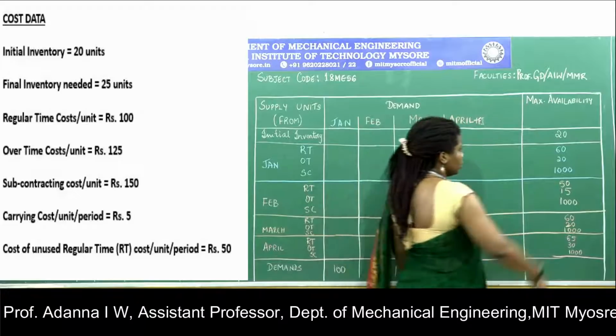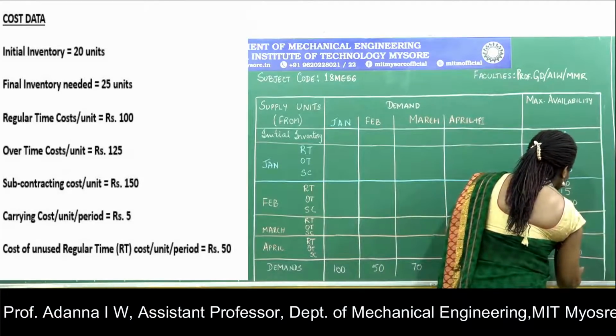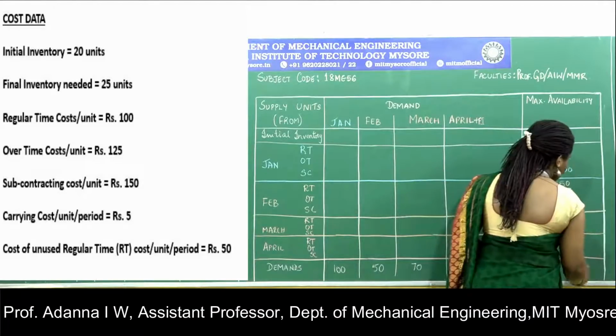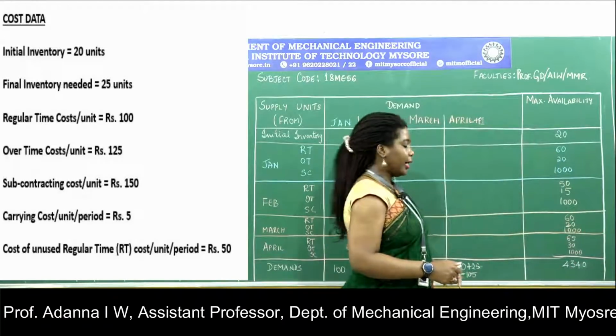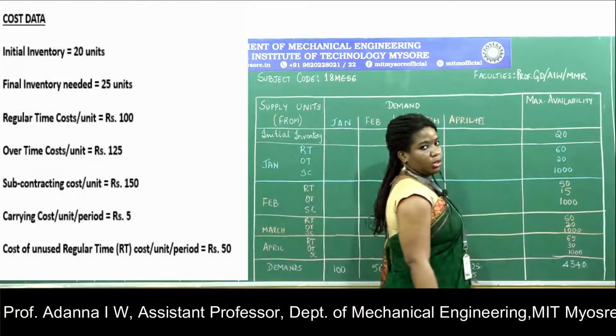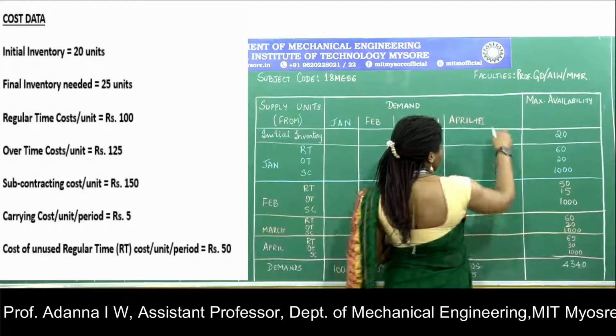So when you total this supply, you get an amount of 4340, and when you total the demands, you get a total of 325, which makes it short than the supply.